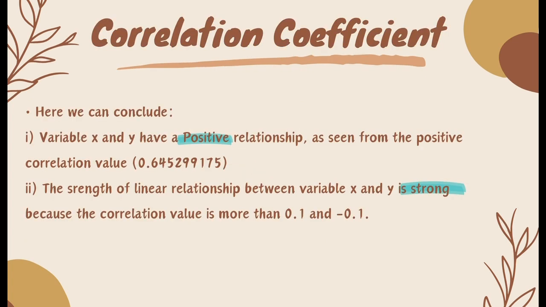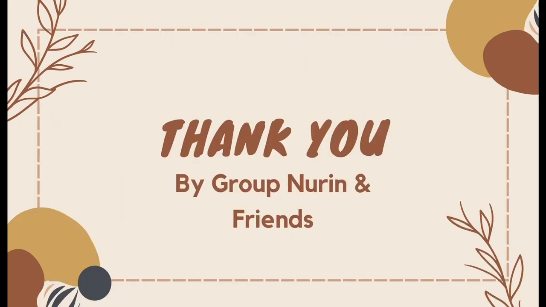Here we can conclude the variables x and y have a positive relationship, as seen from the positive correlation value, which is 0.645299. The strength of the linear relationship between variables x and y is strong because the correlation value is more than 0.1 and negative 0.1.